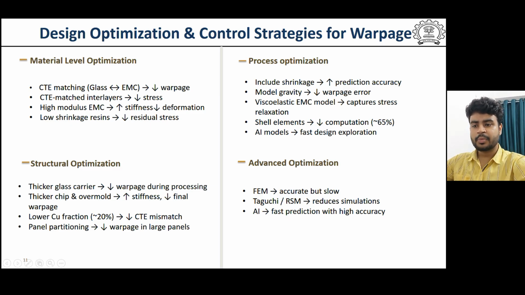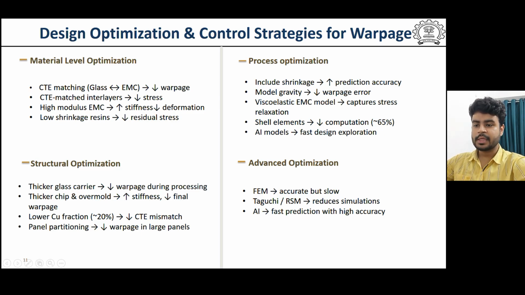Finally, advanced optimization techniques. FEM provides accurate results but is computationally expensive. Methods like Taguchi and response surface methodology (RSM) reduce the number of simulations that are needed, whereas AI models enable fast and efficient prediction with high accuracy.